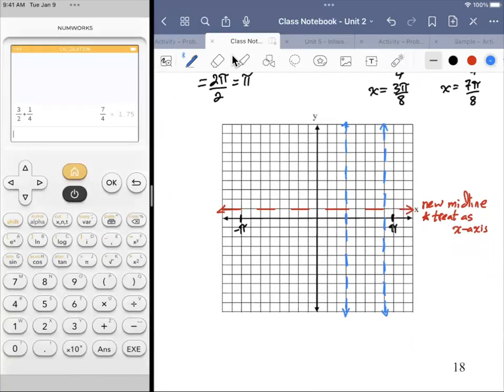So I now know that every 4 units, I'll have a vertical asymptote. So 1, 2, 3, 4. It's not symmetric about the y-axis anymore, but it will have symmetry within the asymptotes.